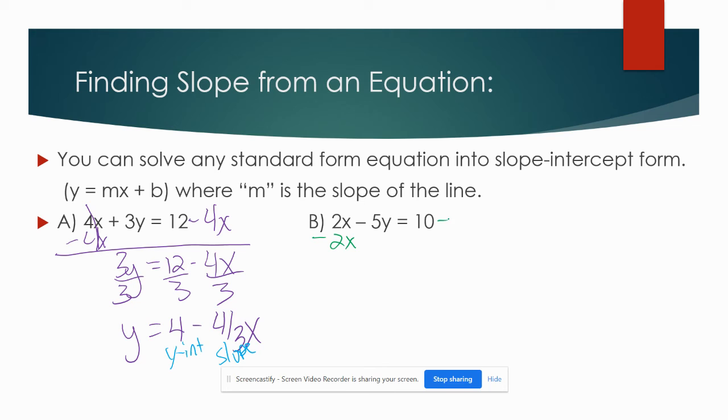Subtract 2x and divide every single thing by negative 5. So we have y is equal to negative 2 plus 2/5 x. Negative 2 is our y-intercept. 2/5 is our slope.